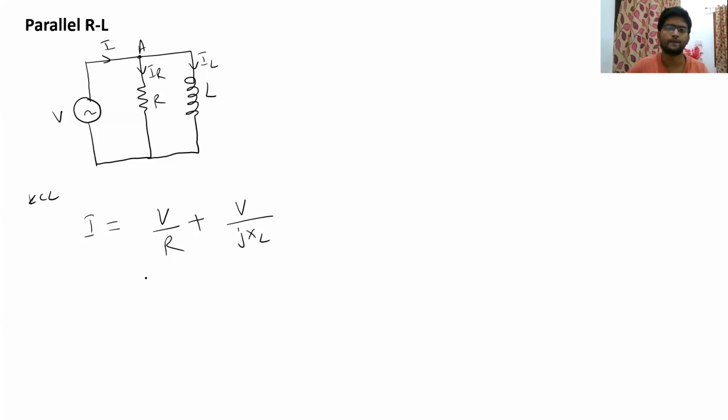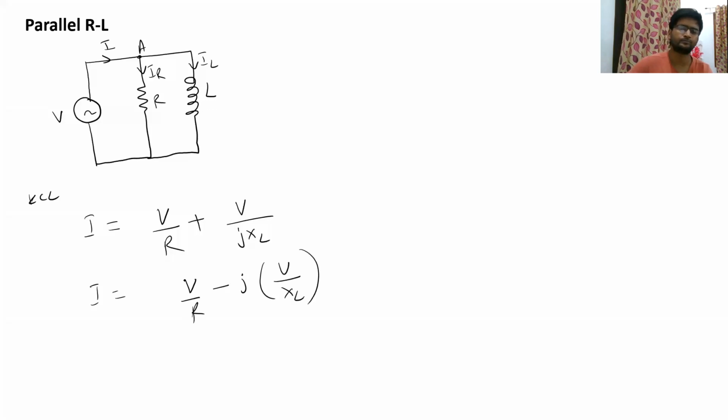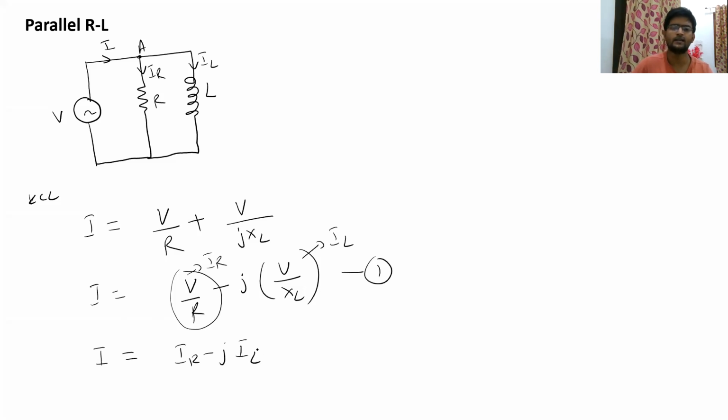So we can write it as I is equal to V upon R minus j times V upon XL, since this j, if it goes to the numerator, will become minus j, right? This first term can be called IR, and this second term can be called IL. If we call this equation 1, it can be rewritten as I is equal to IR minus j IL.